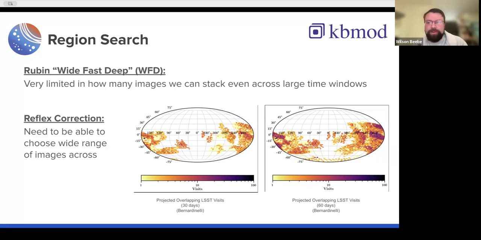We need to provide a way of linearizing the motion of objects across multiple nights of data to construct a high enough stack to perform a reasonable search on. So with this part of the survey, we need to be able to consider long ranges of nights over which to combine data in order to get a reasonable KBMOD search.